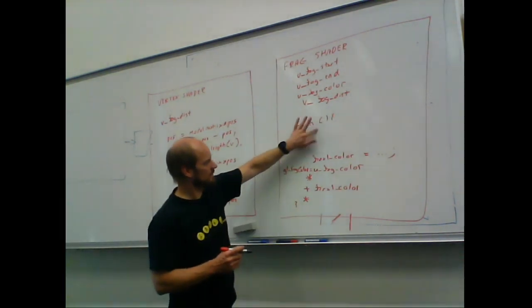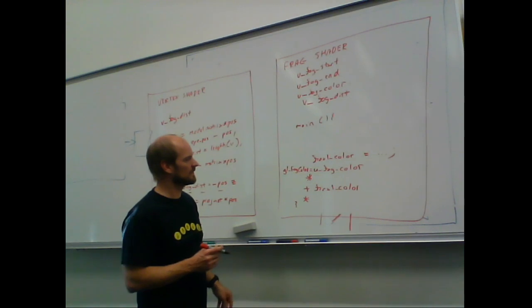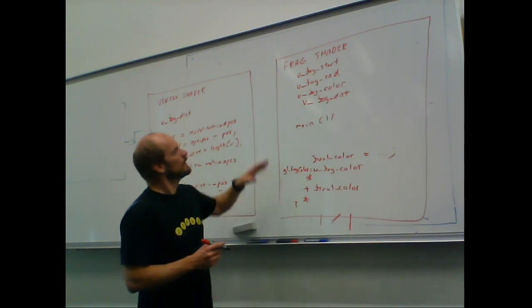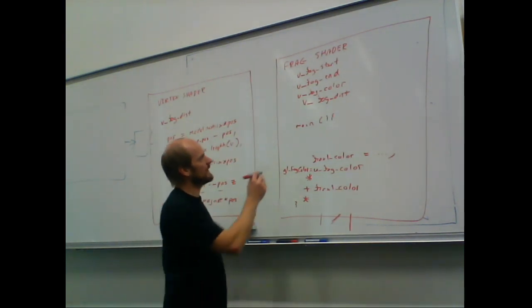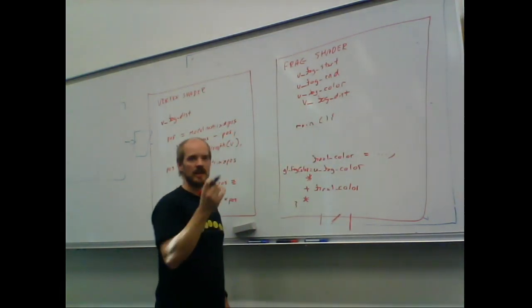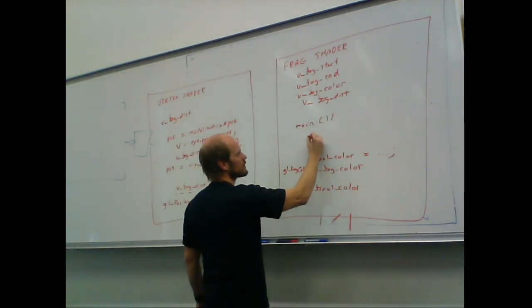They show where the object is located within the start and end distance. Okay, so I have some fog distance here, which is the actual distance. So let's just make this ratio here.